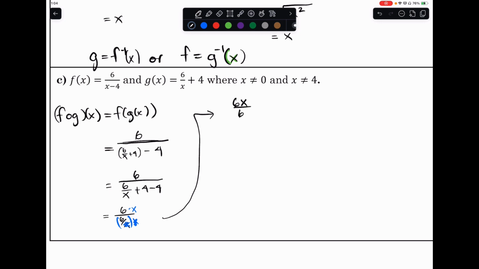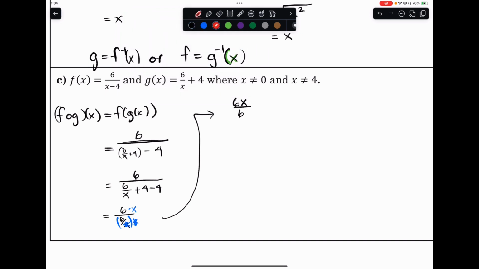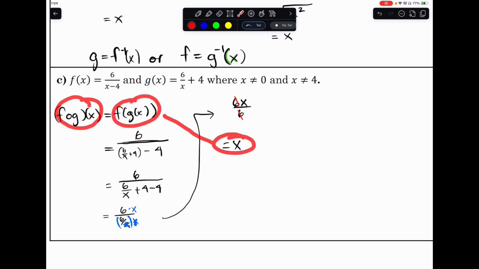In other words, all I did was multiply the top by the x and get rid of it there. I simply flipped it over. And now I can reduce the 6. So 6 divided by 6 equals 1, so we end up with 1x. So there, f of g of x equals the value of x.